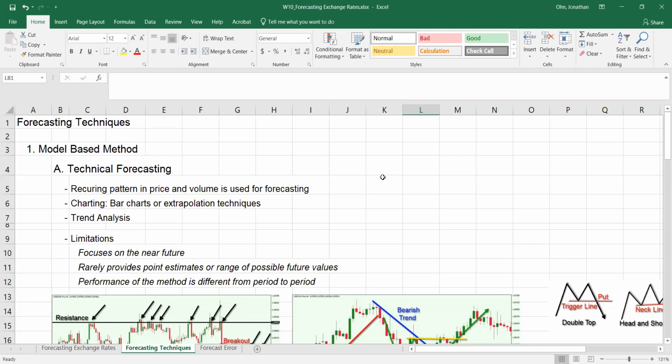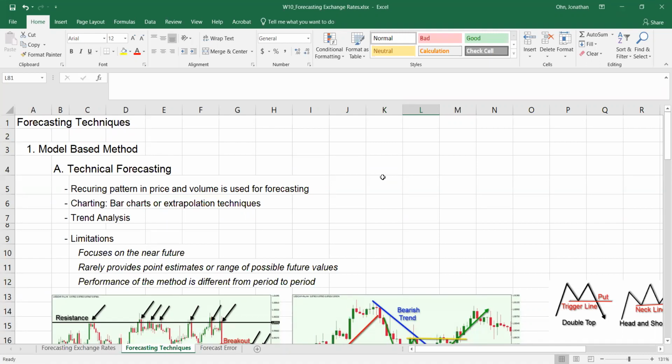Okay, let me explain technical forecasting, or technical analysis. When you look at investment analysis, security analysis, one important group is called technical analysts.